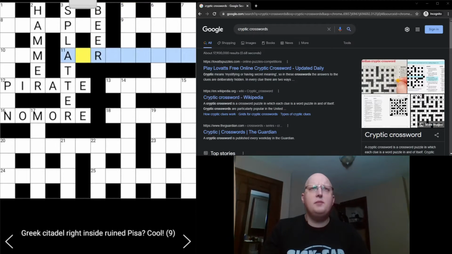But let's see if it helps with this horizontal clue. Greek citadel, right inside ruined Pisa, cool. So right inside implies I put the letter R inside an anagram of the words Pisa, cool.